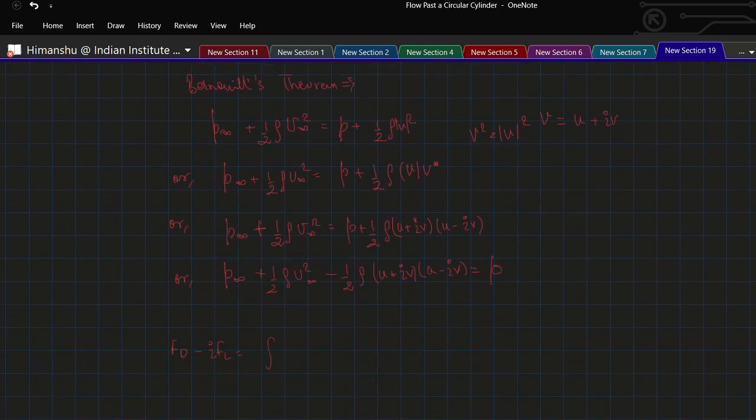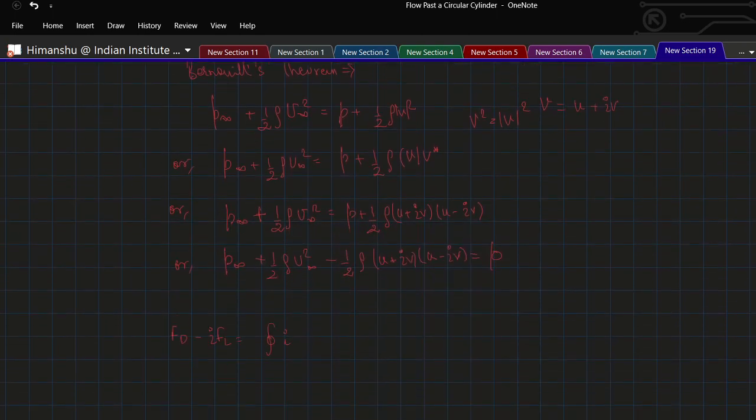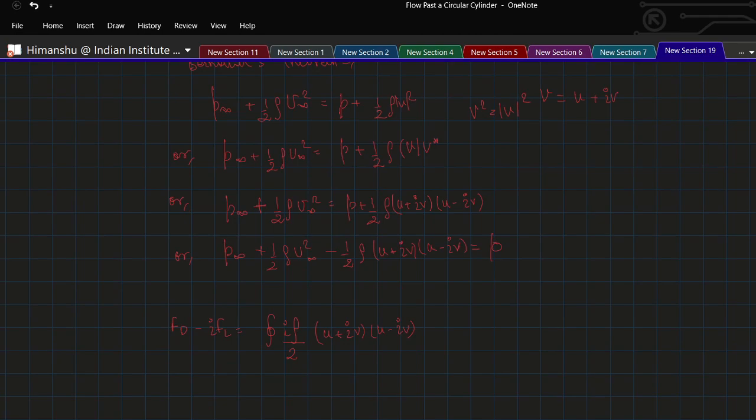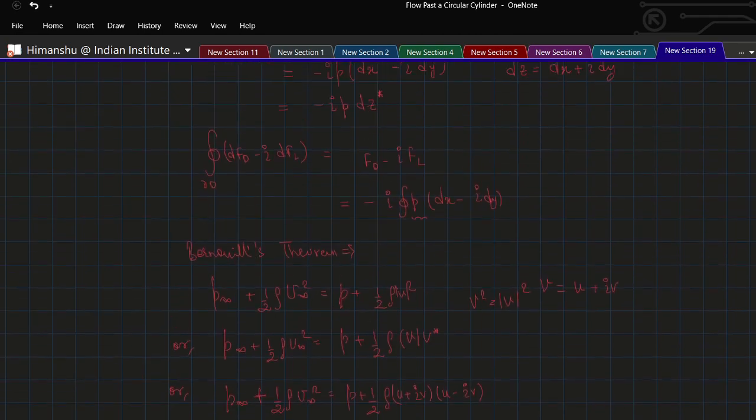So we'd get iota, then rho by 2 (u plus iota v)(u minus iota v) dz star.